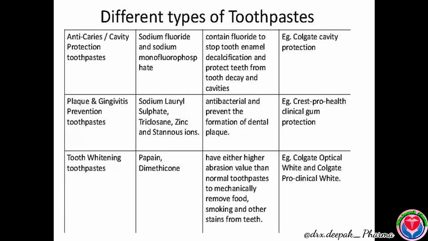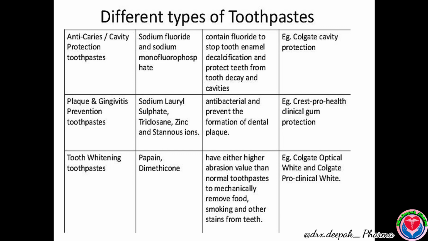Now there are different types of toothpaste. Anti-caries, cavity protection toothpaste, for example Colgate Cavity Protection. Plaque prevention toothpastes, examples are Crisp Pro Health, clinical gum protection.